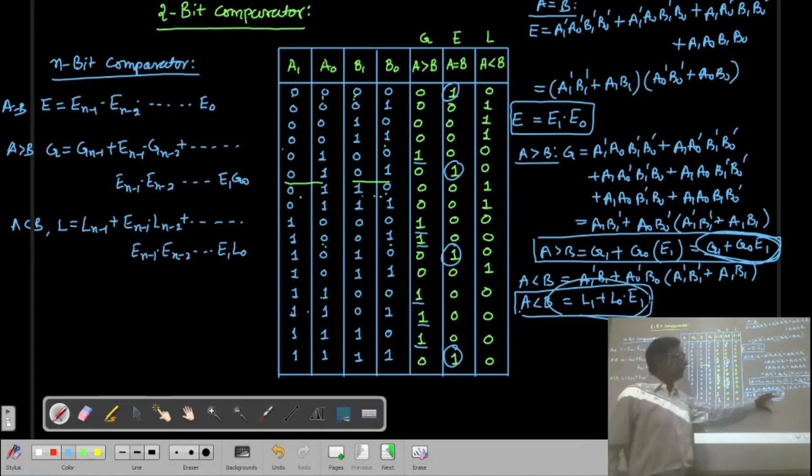So if you generalize the expression of a 2-bit comparator, it will give you the expression for an n-bit comparator. So this is about a magnitude comparator.